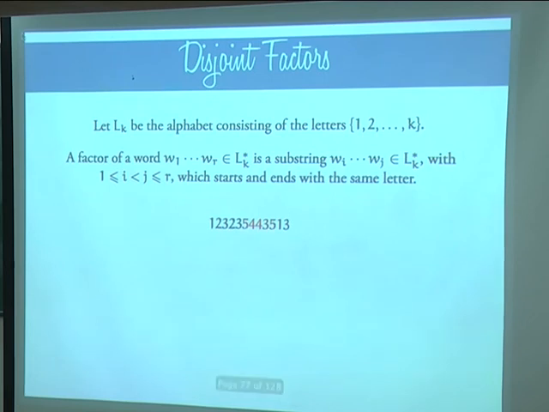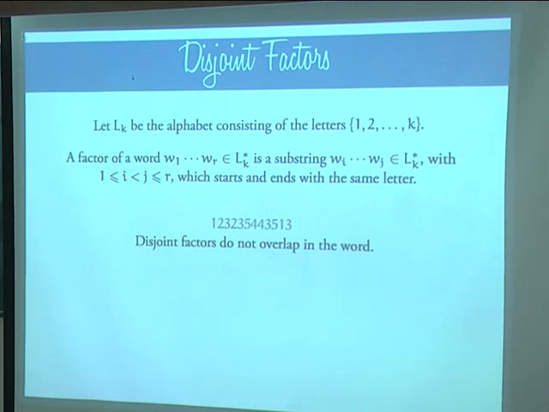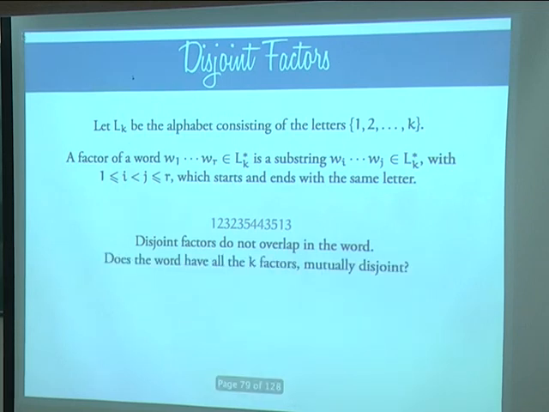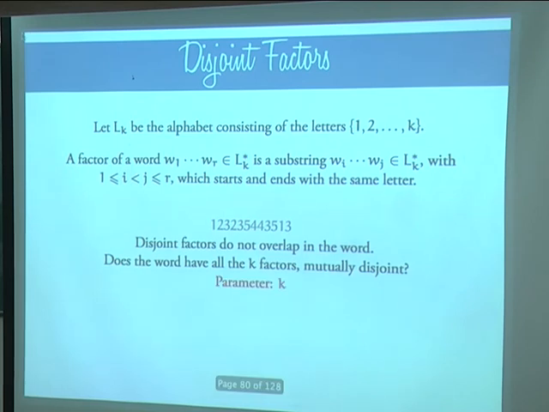So, that is a 5 factor, and what we are interested in is finding disjoint factors, which are factors that do not overlap, and this is the problem. Given a string on this k letter alphabet, the question is, does this word have all the k factors mutually disjoint, and the parameter is k.